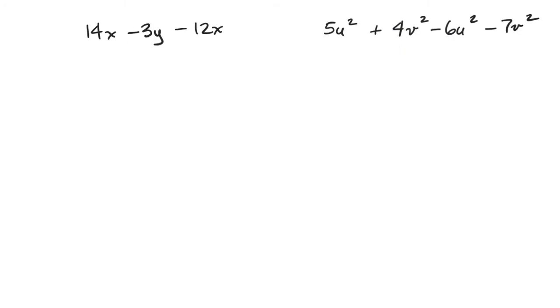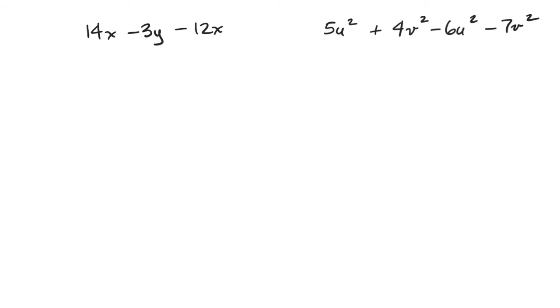All right, so let's do some examples of actually combining or simplifying these monomials, which in the directions they're going to say add and subtract monomials. Really, it's just simplifying the expression, which is to combine your like terms. So if you want to go through and identify your like terms, you can do that by underlining. Sometimes that helps.